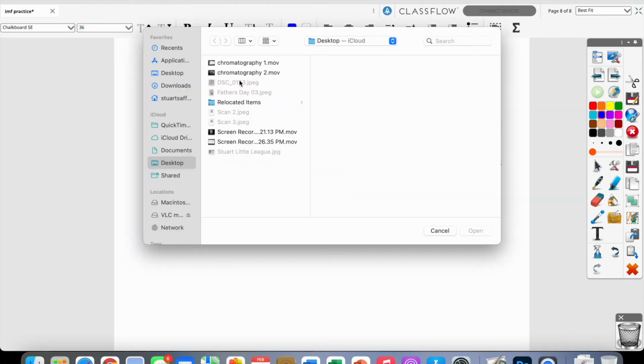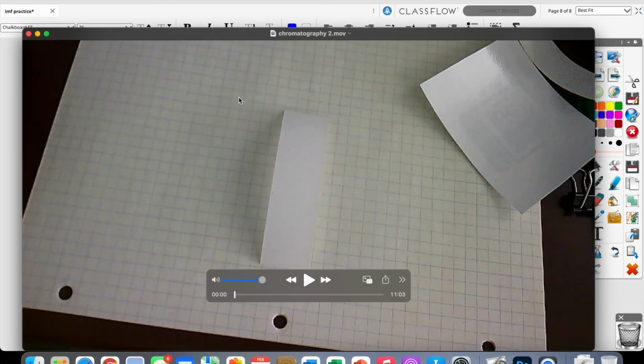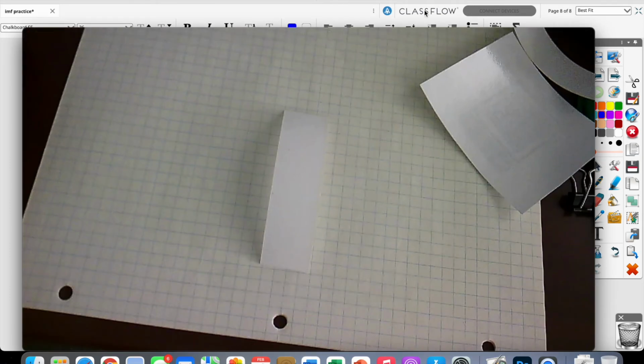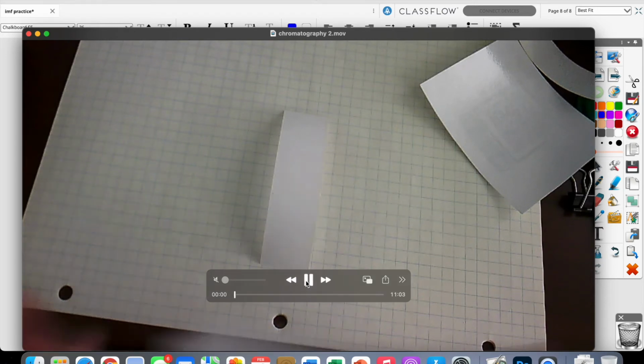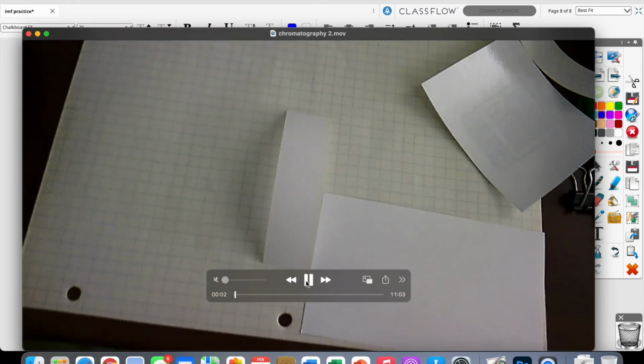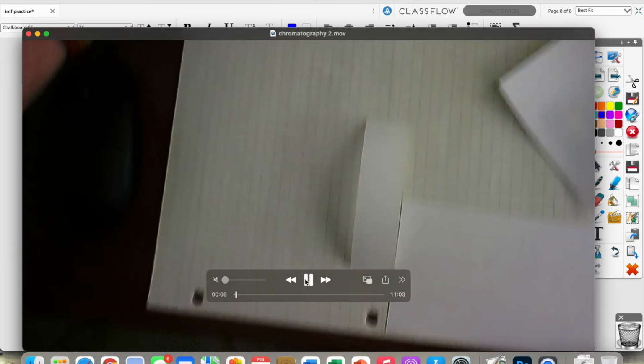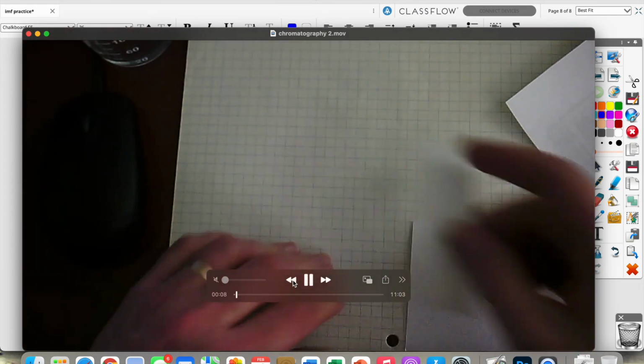Let me just open the file. Chromatography 2. And so I will turn the sound off on this so I can talk about it. This is what we did in class, but I did it on my tabletop so we could see it clearly.